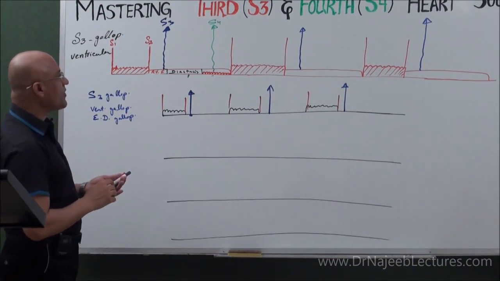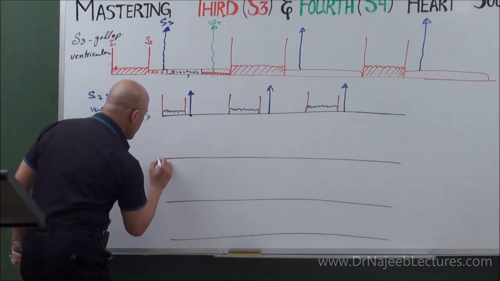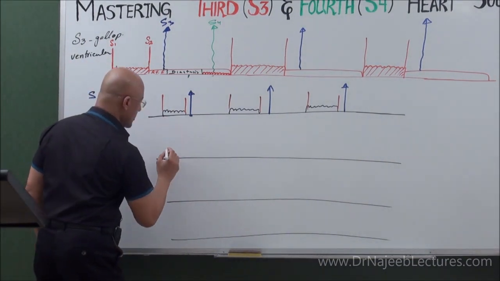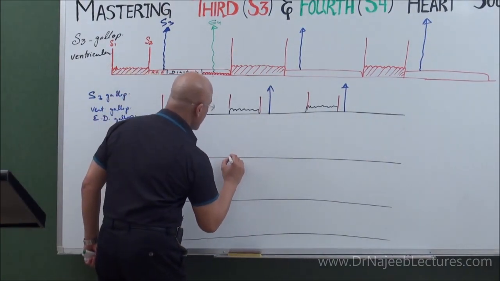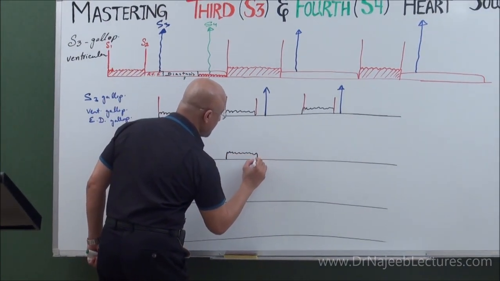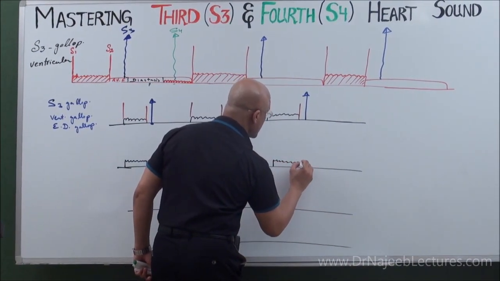Now think of another patient where the problem is that the ventricles are stiffened, right, and the atria contract.